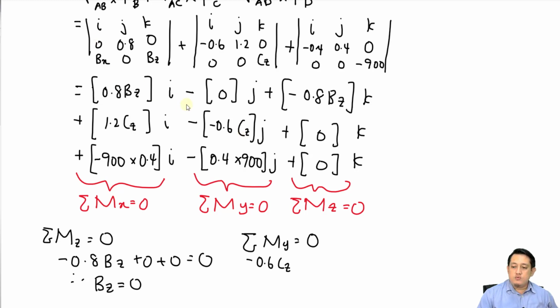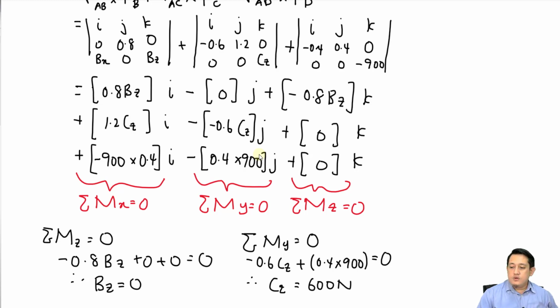Okay, next we have positive 0.4 times 900, so plus 0.4 times 900. This is equal to 0. Therefore, if you calculate, the value of Cz is 600 Newton.